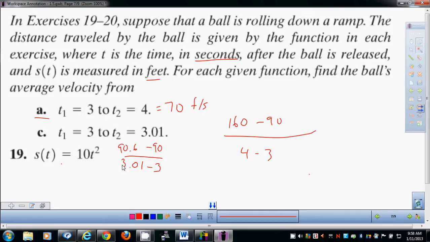So, 0.6 over 0.01, somebody with a calculator. Although I should probably just be able to do this. So it'd be 60? Yeah. Thank you, math teacher. 60 feet per second.